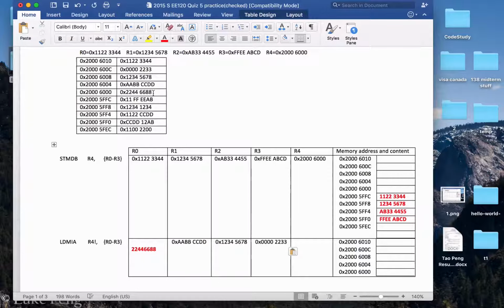So it's from 88 goes to 33. See, 4 memory locations. I read 4 of them back to my 4 registers, starting at my pointer right here. So where's my final pointer?